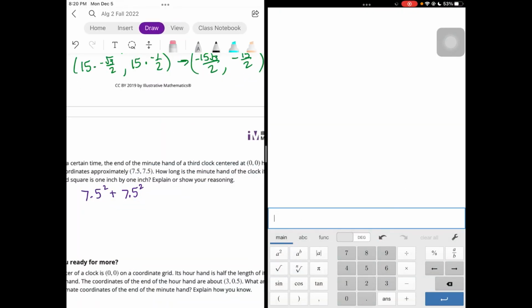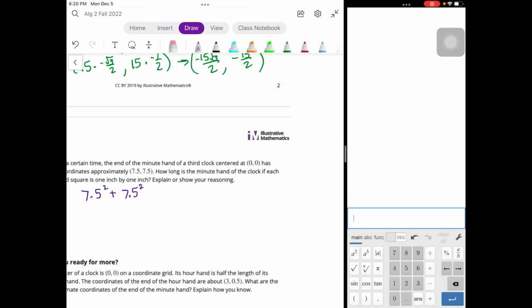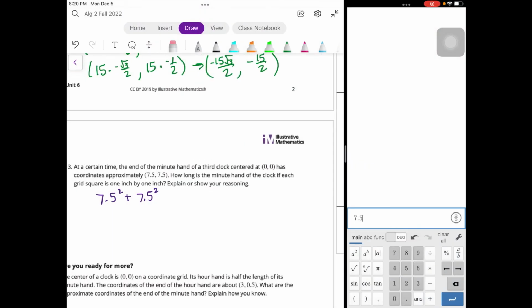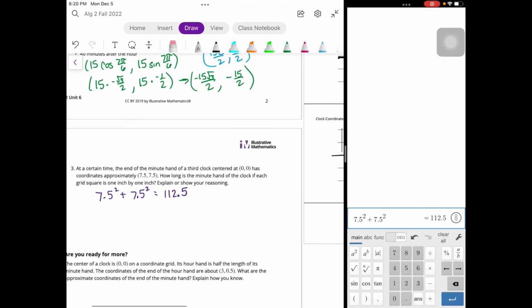All right, so we're going to do 7.5 squared plus 7.5 squared. And that gives us 112.5, right? But remember, Pythagorean theorem means that we need to take the square root of that.